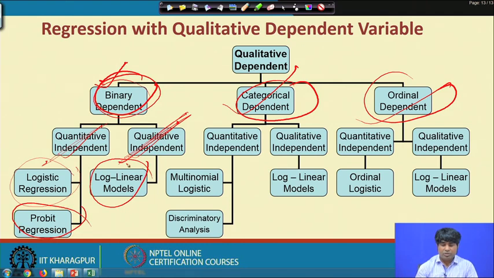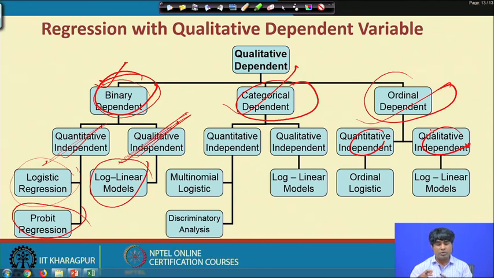Now in the case of categorically dependent, again we have two first classifications: quantitative independent and qualitative independent. That is equally true in the case of ordinally dependent: quantitative independent and qualitative independent. So all three categories have the first classification, quantitative independent, qualitative independent, and then a mixture of the two.